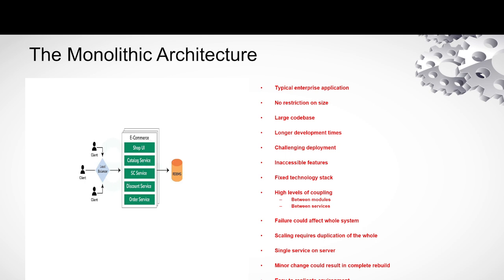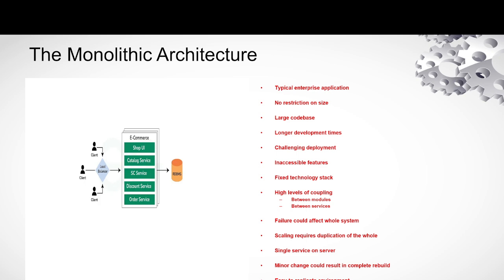There might be new technology that, for example, our discount part of the system could do with using, but it is a new technology which is different from our current technology stack. But because discount is part of the overall package, we can't use that new technology within the discount module. It might make our overall system less competitive because we can't easily adopt new technologies which might give us a competitive edge.